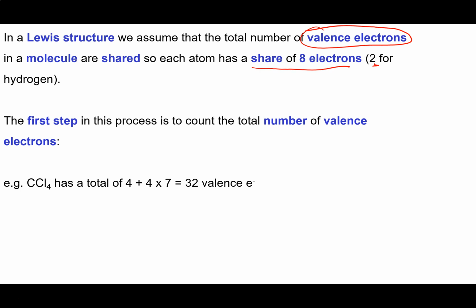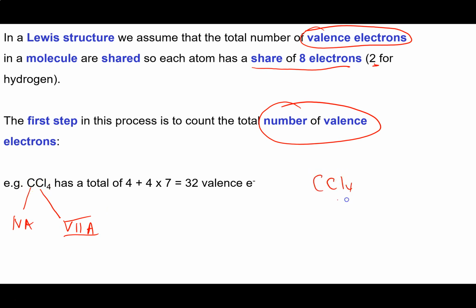So the first thing we're going to need to do is tally up the total number of valence electrons that we have, and all you have to keep in mind here is that the group number for a non-metal element is equal to the valence electrons that atom has. So if I have this compound here, carbon tetrachloride, I've got 1 carbon, and that has 4 valence electrons, and then I've got 4 chlorines, and because these guys are in group 7A, they each have 7 electrons.